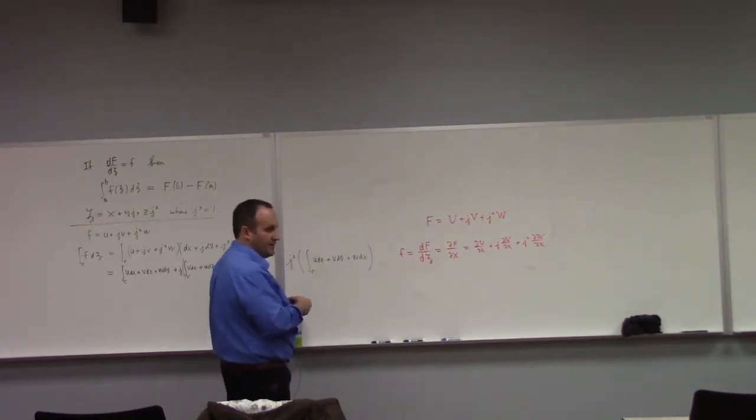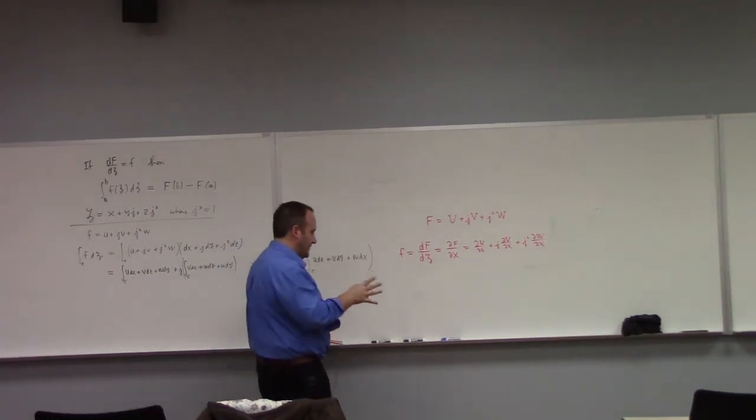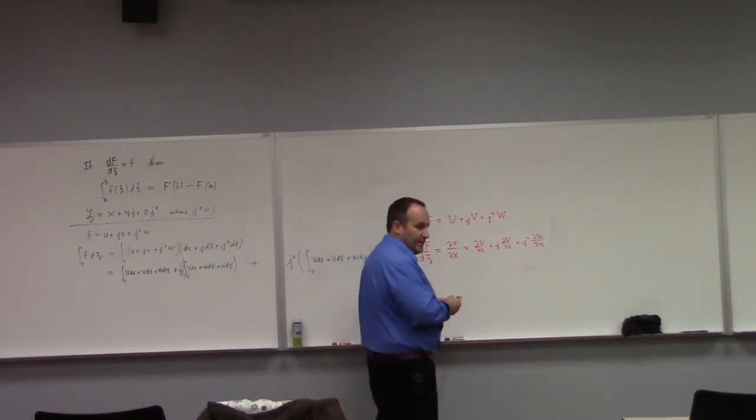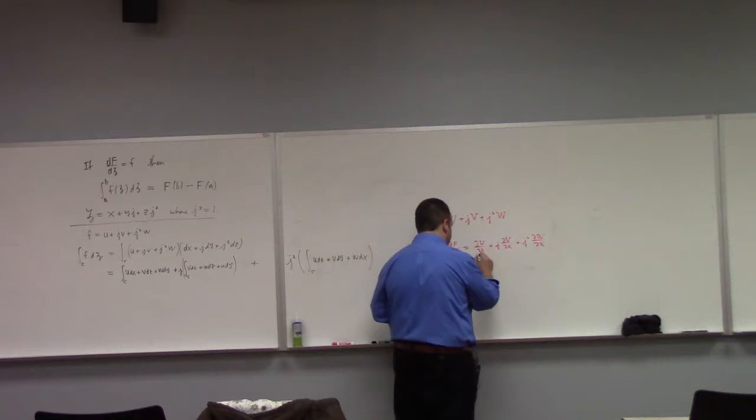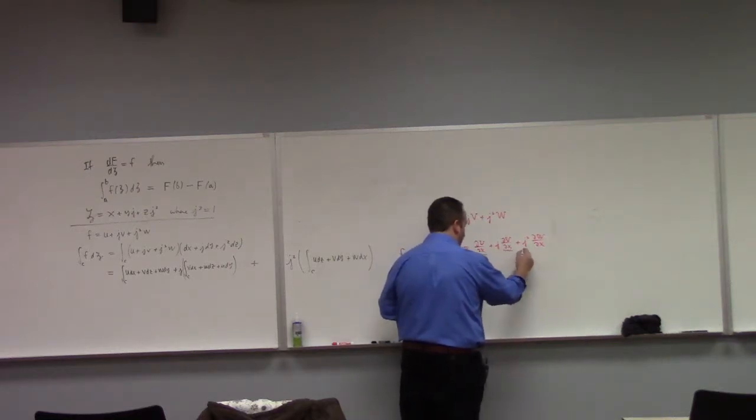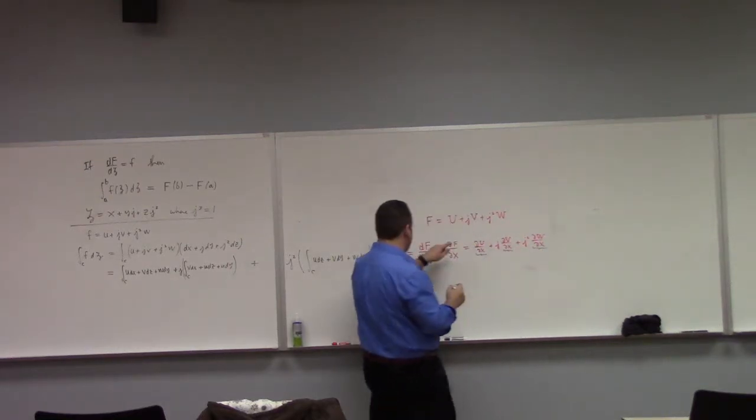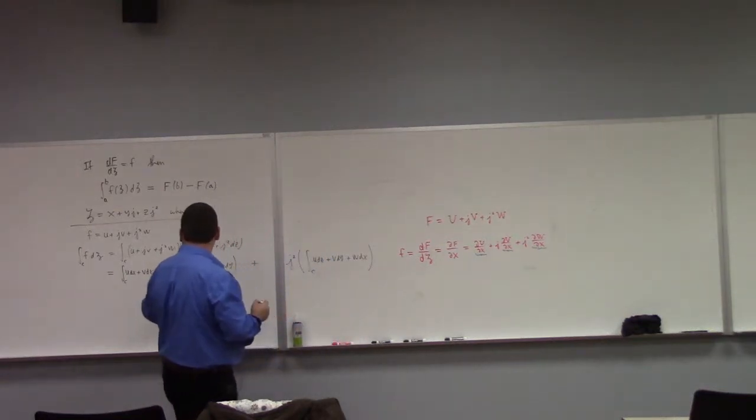But just to make the correspondence manifest, this partial U partial x is what? In terms of the little f, it's what?